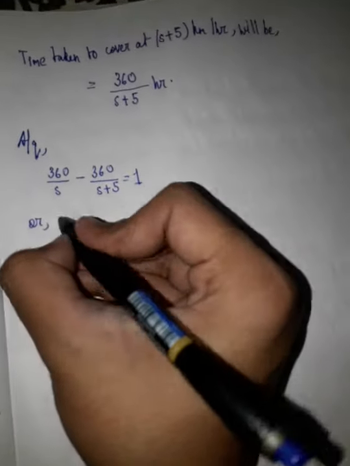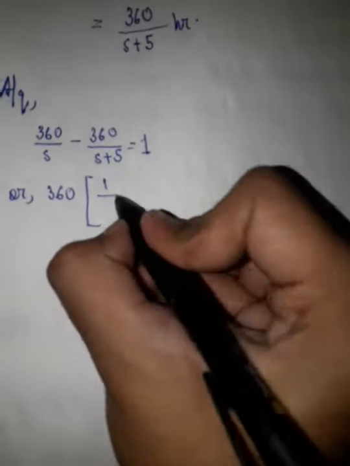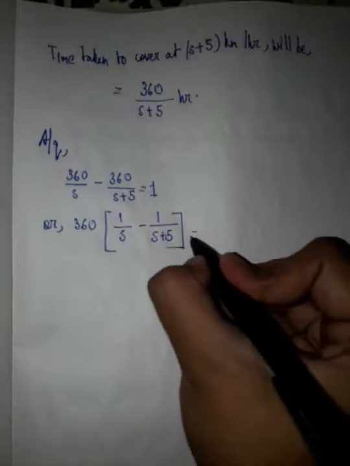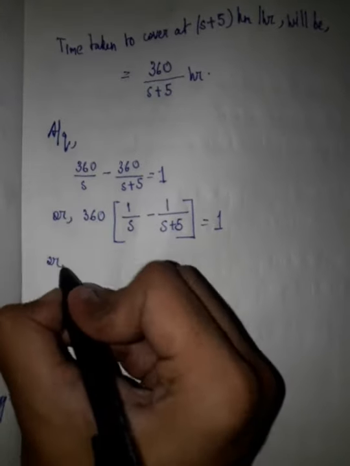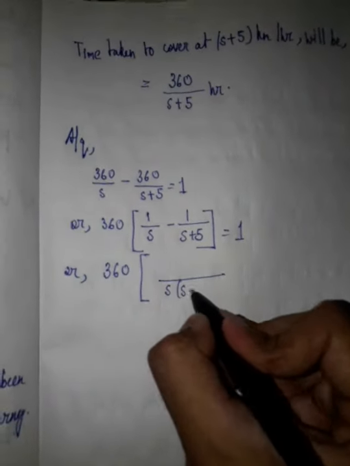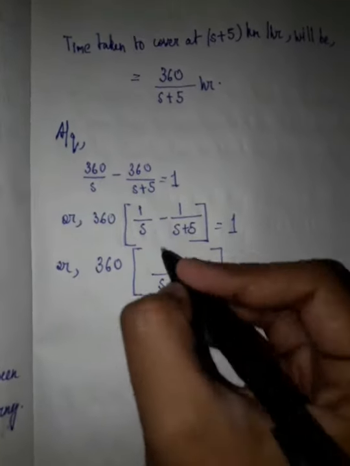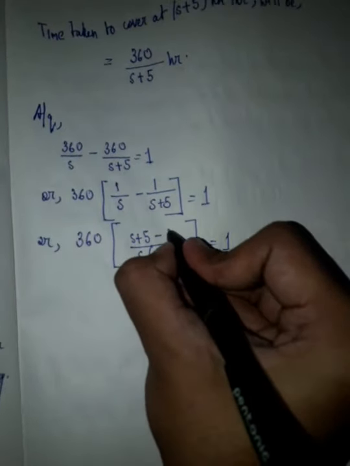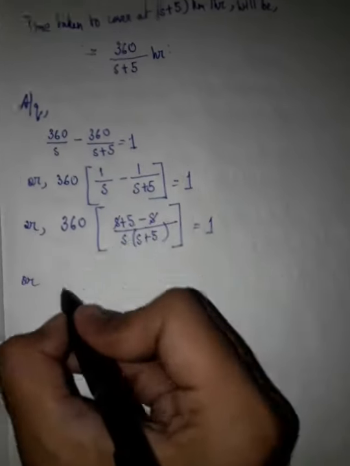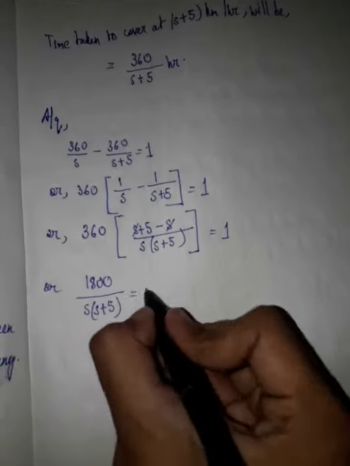So we'll be taking 360 common for efficient solving. 360 into 1 by s minus 1 by s plus 5 equals 1, or 360 into, subtracting those with the LCM, s plus 5 minus s, s will be cancelled out. 360 into 5 will be 1800 by s into s plus 5 equals 1.